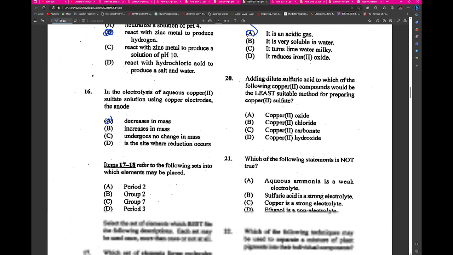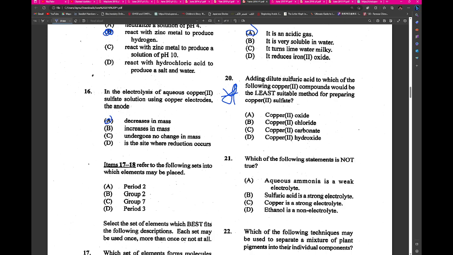Adding dilute sulfuric acid to which of the following copper compounds would be the least suitable method of preparing copper sulfate? Alright, look at the preparation of copper sulfate. So if we add dilute sulfuric acid to what? I want you guys to check out this question.